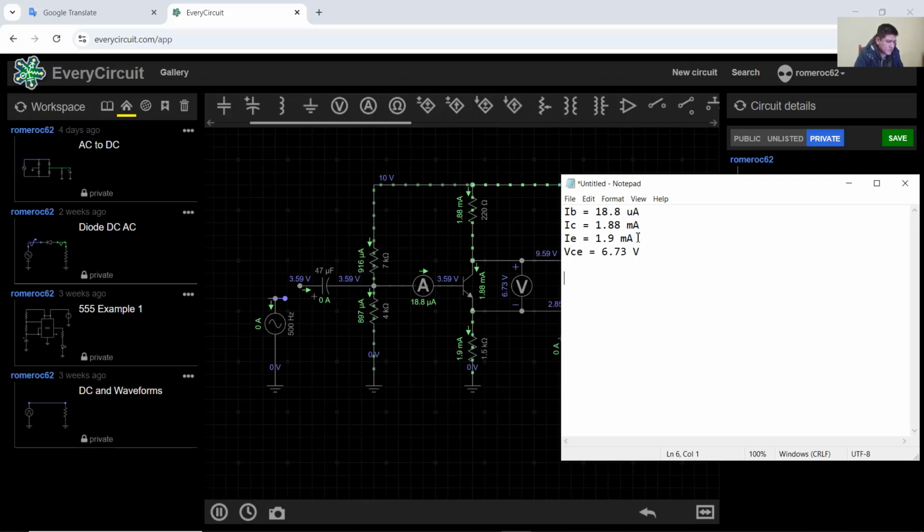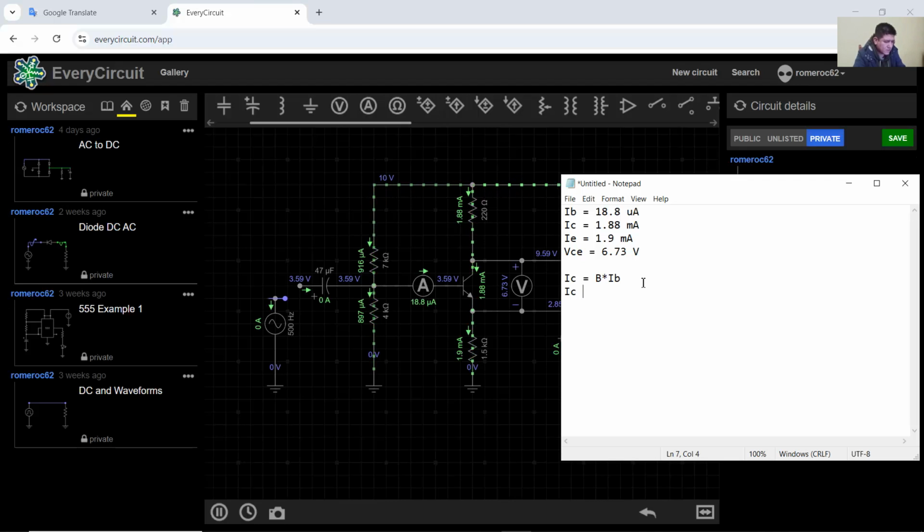And why do you get these values? It's very simple. The current in the collector is equal to beta times the current in the base.